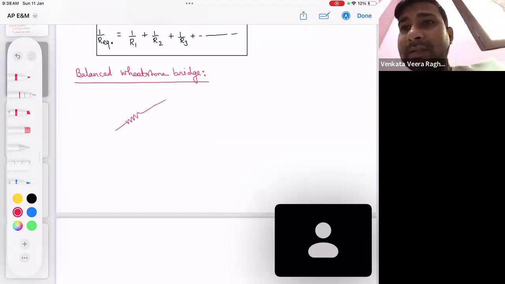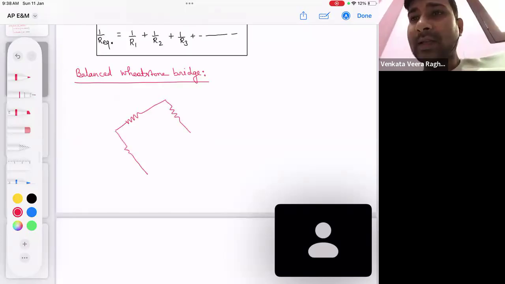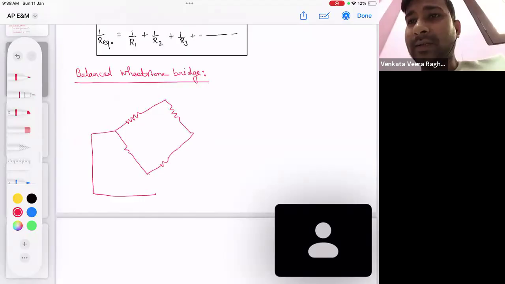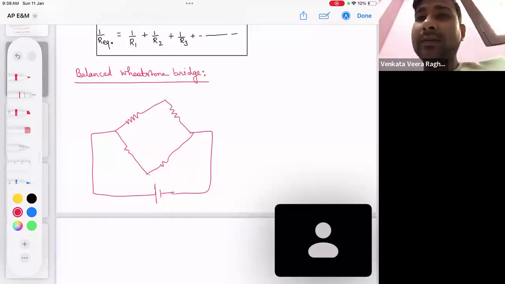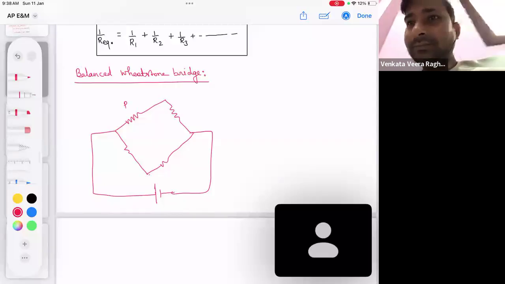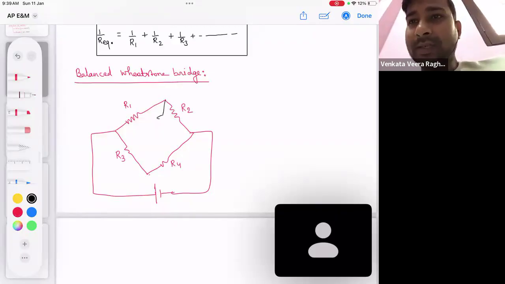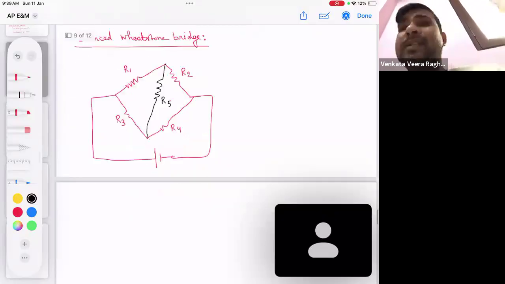Let's say this is one resistance, this is the other resistance, this is the third resistance, and the fourth resistance, and it is connected across a battery like this. This is R3, this is R4, and in between, what is connected here? Let's say there is R5 connected, or sometimes they will say a galvanometer is connected.